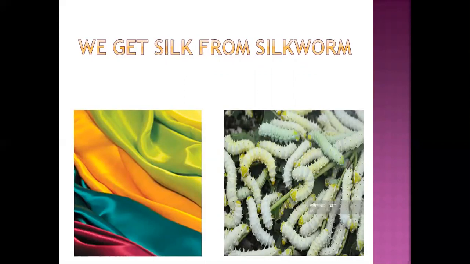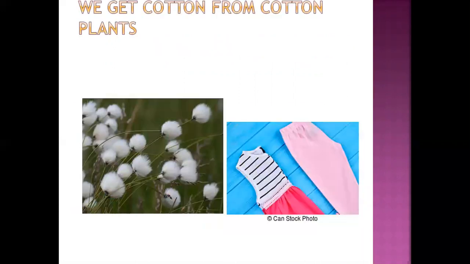Silk: your mommy must be having a silk sari or you must be having a silk kurta. The silk material comes from the silkworm. Next we get cotton from cotton plants. This is the most used fabric by all of us, and it is very, very good for our body.